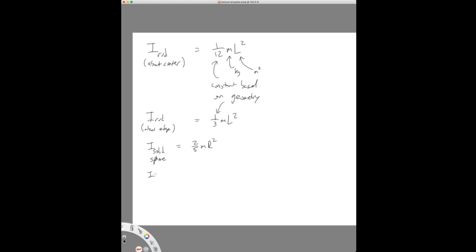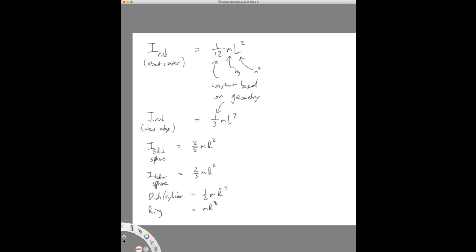For a hollow sphere, it is 2/3 the mass times the radius squared. For a disk or a cylinder, it's 1/2 the mass times the radius squared. For a ring, like a hula hoop, it's just m times the radius squared.